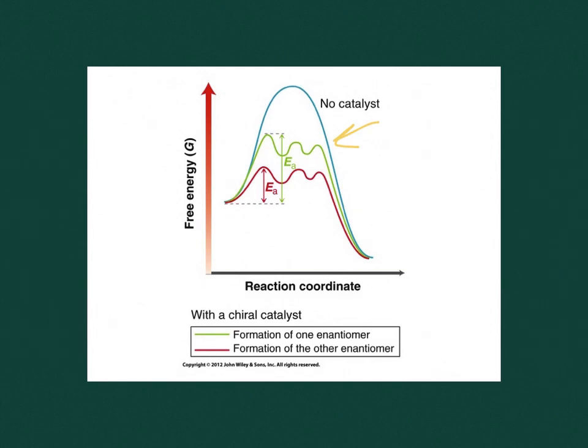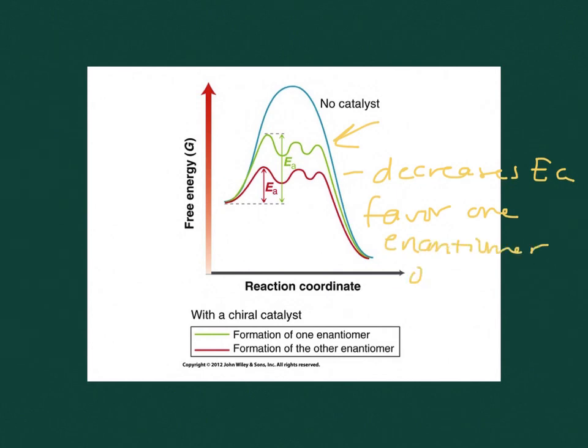And a catalyst can decrease the activation energy. And as a result, it can favor one enantiomer over another. The take-home message from this section is that if we use a chiral catalyst, we can lower the activation energy and favor one enantiomer over another.